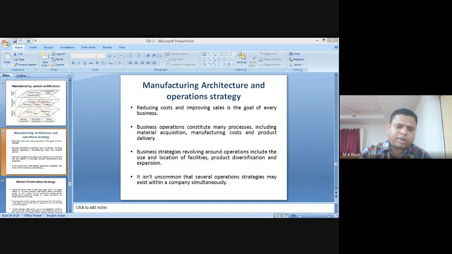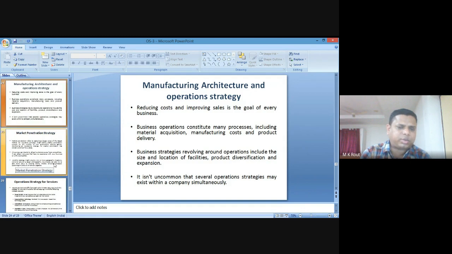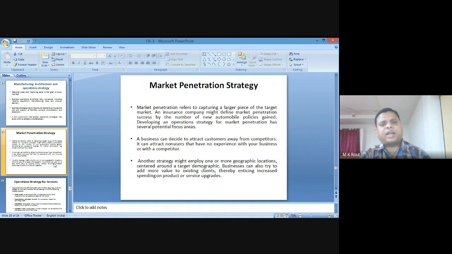Moving to the next part. There are many types of strategies applied in manufacturing architecture. One is known as the market penetration strategy. Market penetration refers to capturing a large piece of the target market.